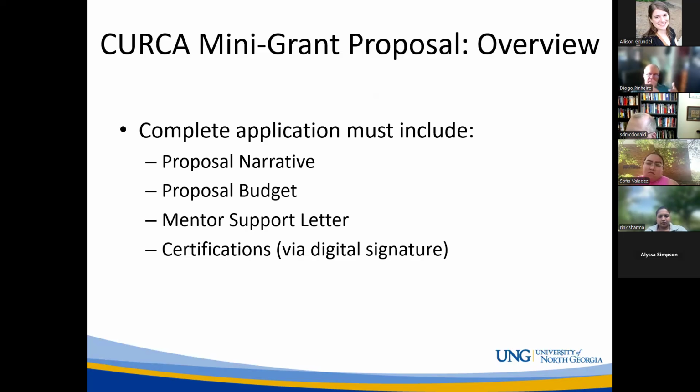You would have to submit a budget where you describe what you want to spend that money on. You need to submit a mentor support letter, and this mentor support letter would be a faculty member saying that, yes, I am interested and willing to support and to work with this student on this project. And then there's going to be a bunch of certifications on the InfoReady platform where you would say that, yes, this is your own work and so on and so forth, right?